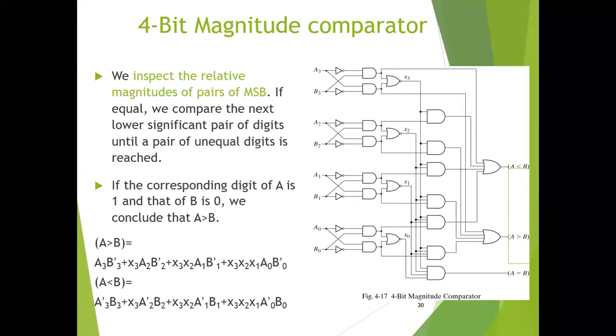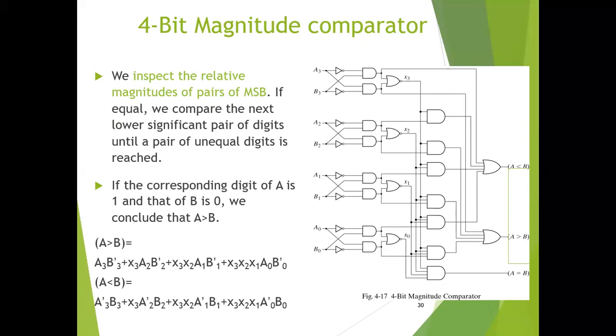We compare the most significant bits, and if they are equal, then we check the next lower significant pair of digits. This comparison continues until a pair of unequal digits is reached.